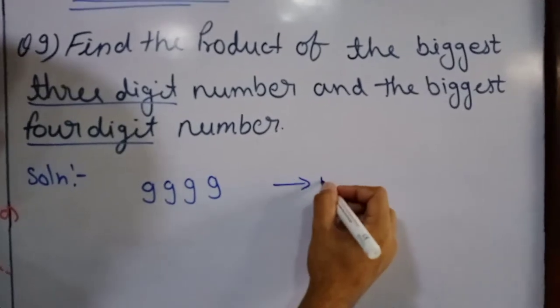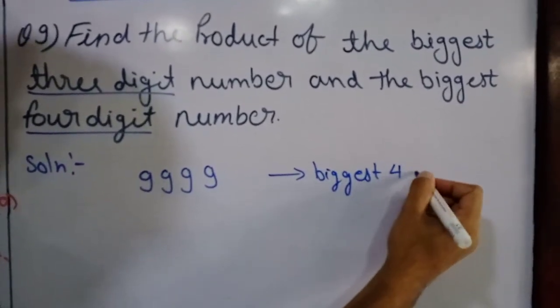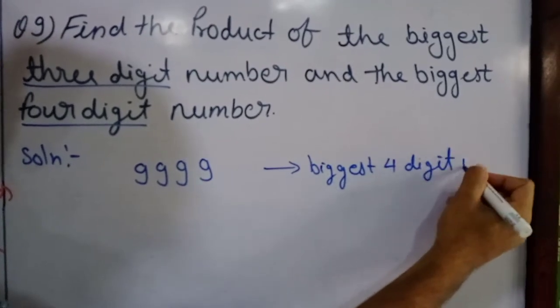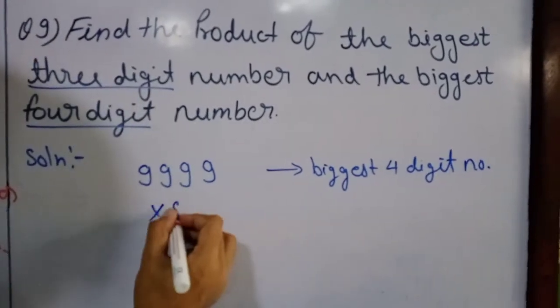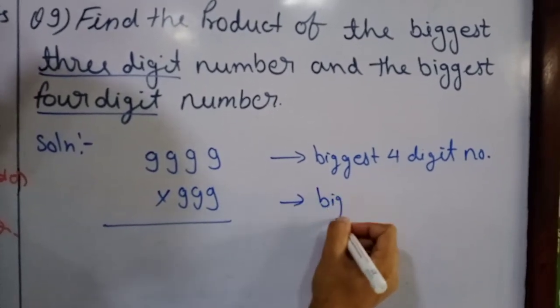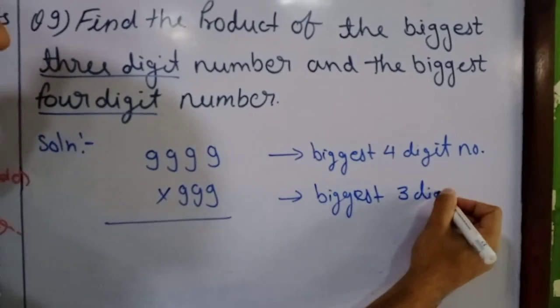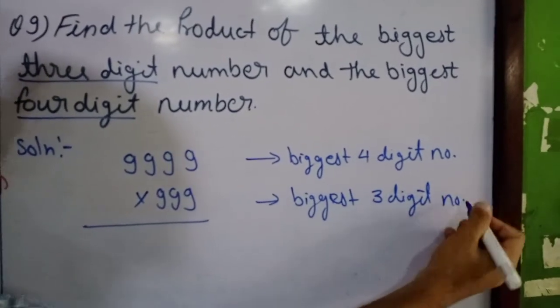That is the biggest 4 digit number multiplied by 999. That is also the biggest 3 digit number.